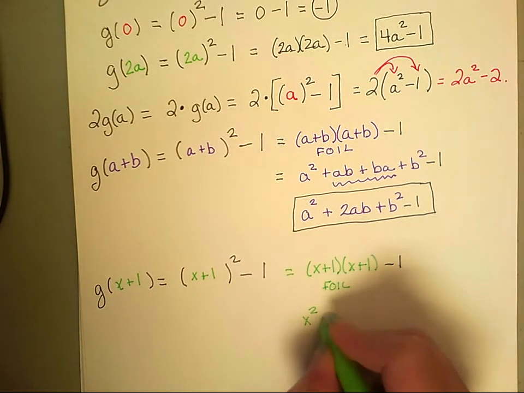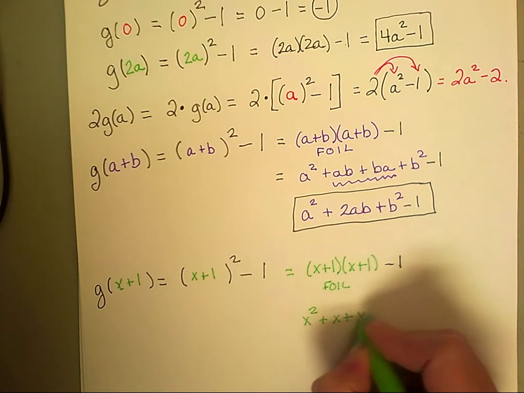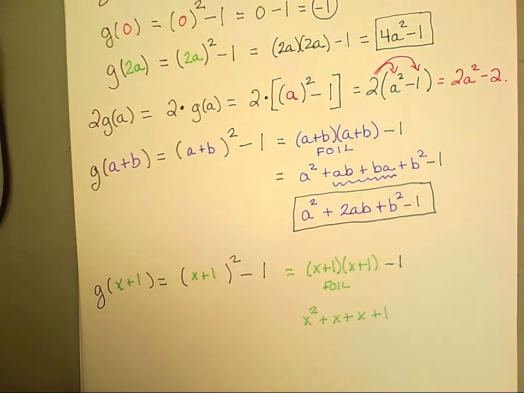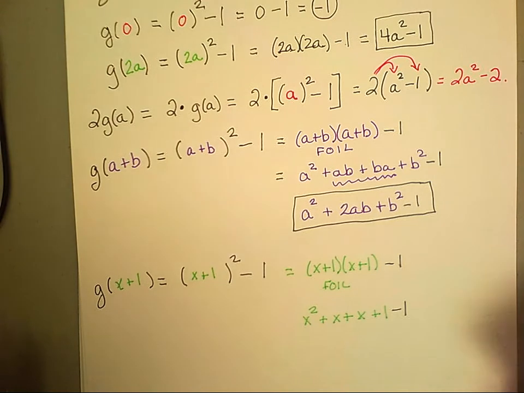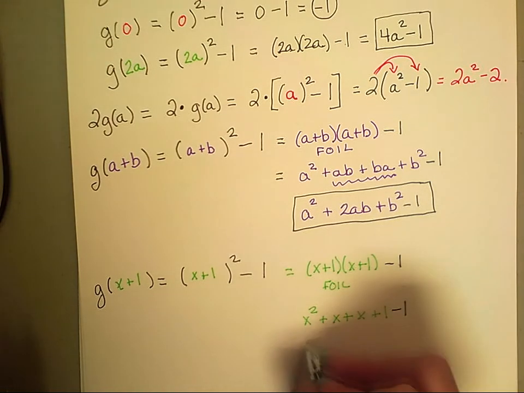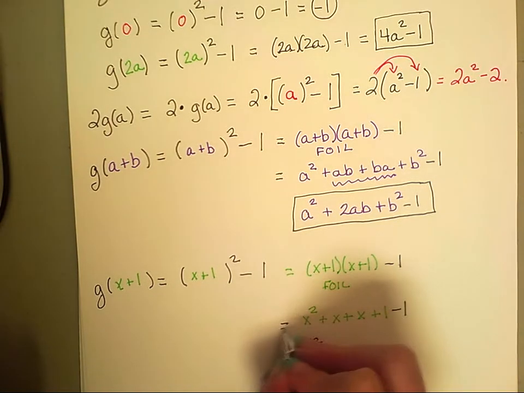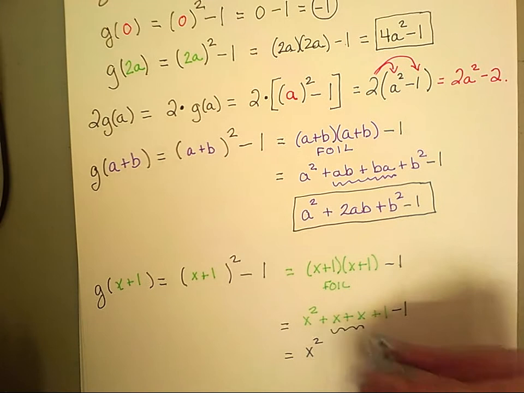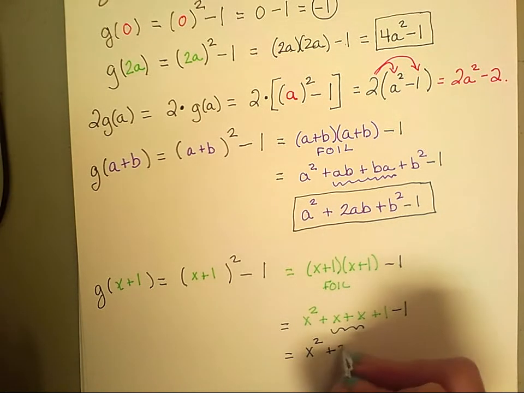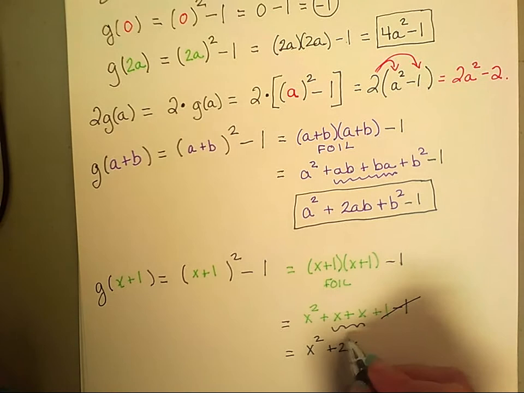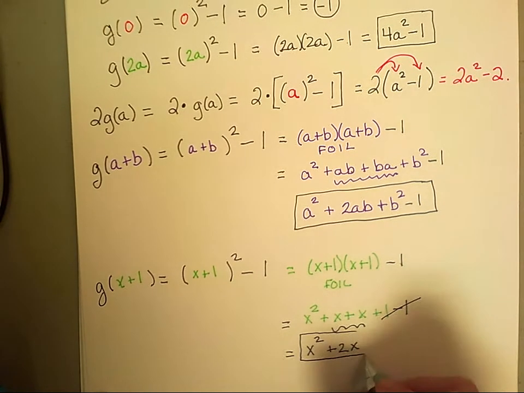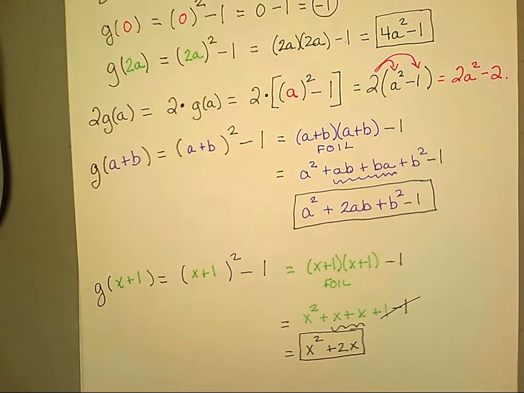So this is x squared plus x plus another x plus 1. And then we subtract off 1. Now combining like terms, x squared will stay. X plus x is 2 x's. And then 1 minus 1 is 0. So g of x plus 1 is just x squared plus 2x.